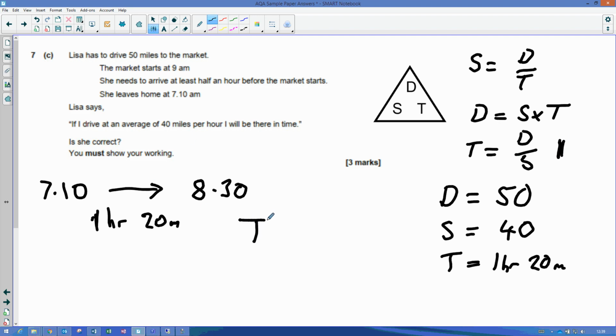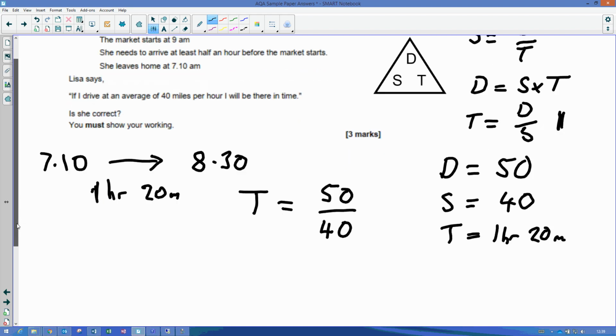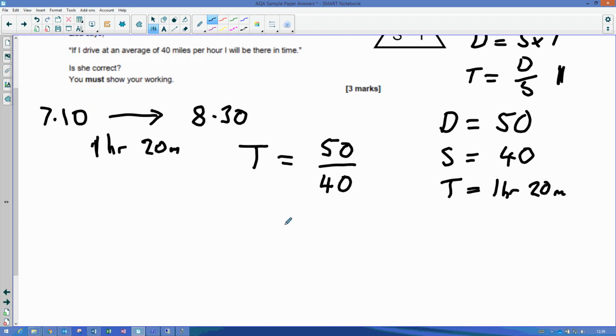So time equals distance, which is 50, divided by speed, which is 40. 50/40 cancels down to 5/4.